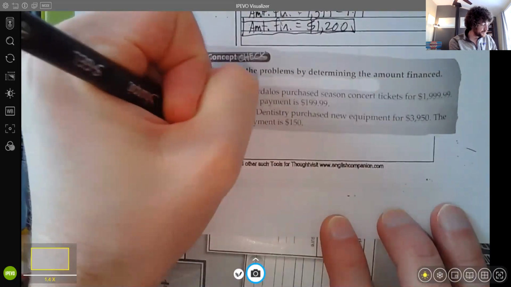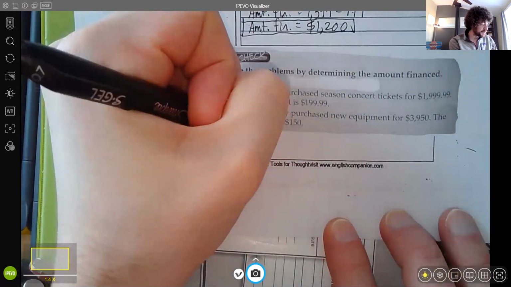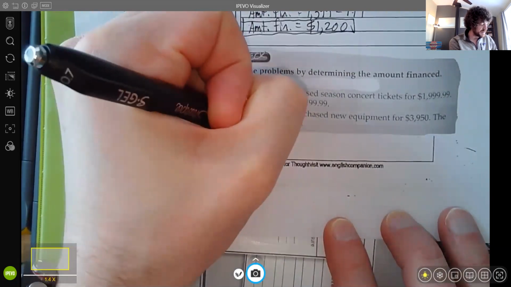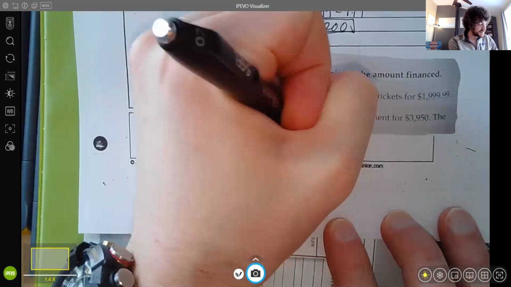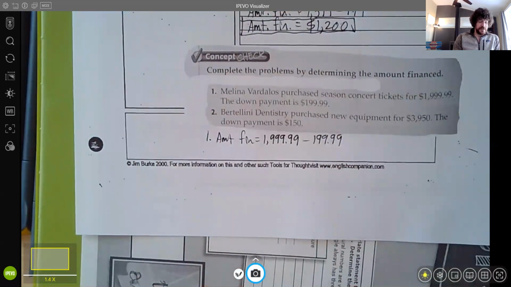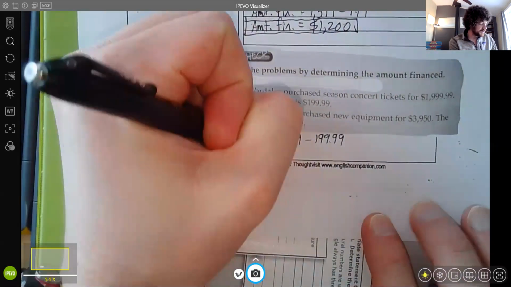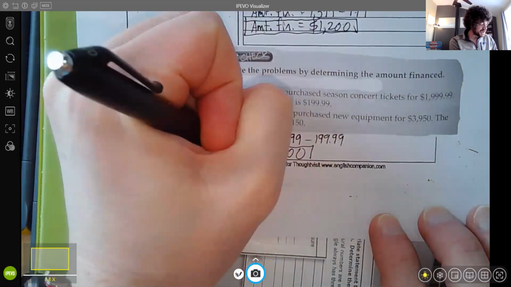The amount financed here is going to be equal to the total cash price, $1,999.99, minus the down payment of $199.99. So we're looking at an amount financed of $1,800. Just straight subtraction for these ones.